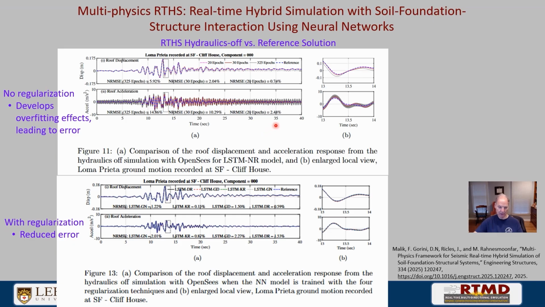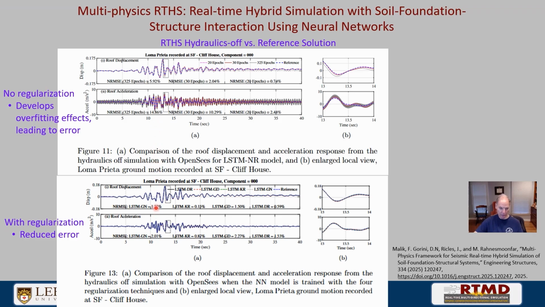So when we regularize or use regularization, guess what? It cleans it up significantly. You can see here the RMS error. Just look at the accelerations here. These are different dropout or regularization approaches here. The error is significantly smaller than what we have, at 14% at 325 epochs.